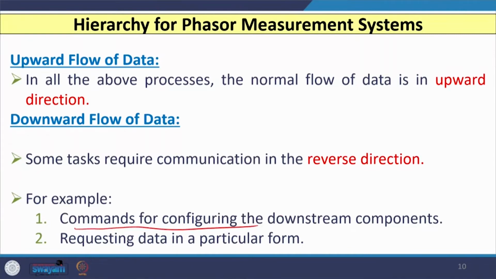In that case, some reverse direction from the PDC to the PMU level or maybe further is required. Another example of the reverse direction is requesting the data in a particular form. Let us say the PDC wants data from a PMU in some different form, and that message is given by the PDC to a particular PMU. In that case, the reverse or downward flow of data is also there.